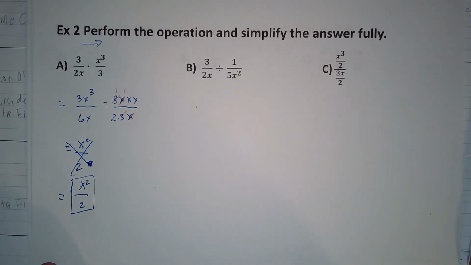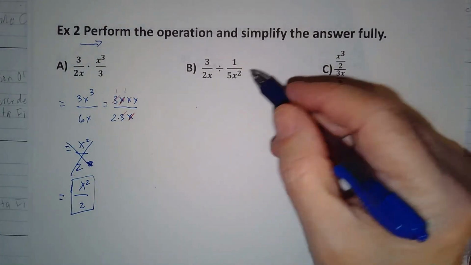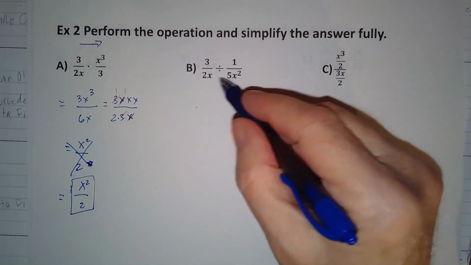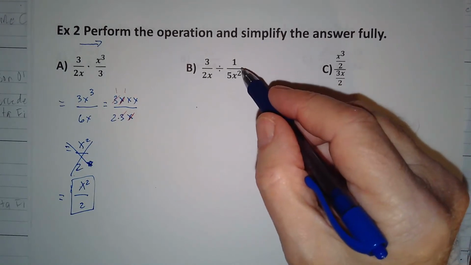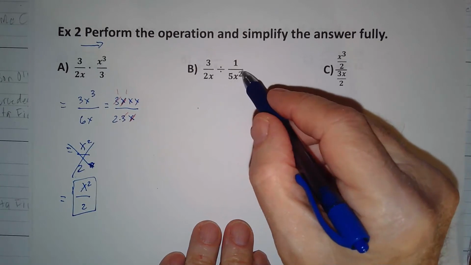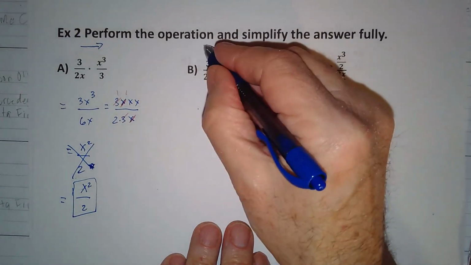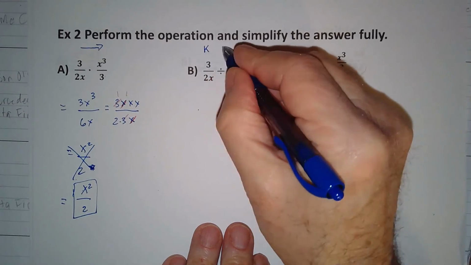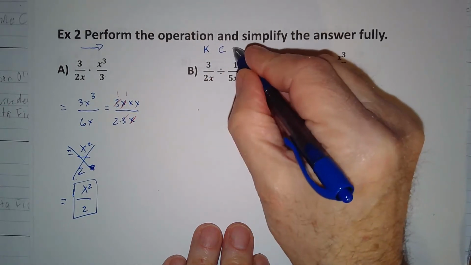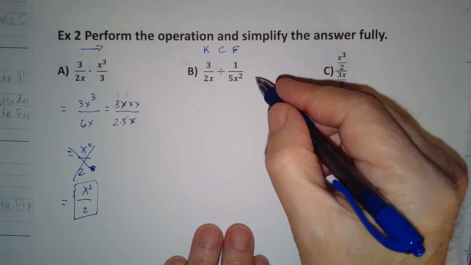Okay? All right. So now here we have division going on here. And if you remember with division, we have to change this around. When you can't divide a fraction, so what you have to use is keep, change, and flip. If you remember that, I think that was a middle school thing.